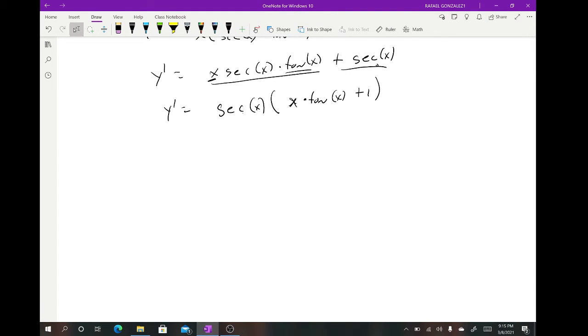Let's do another example. So a little bit more of a challenging one, and this is because we may have multiple forms of expressing a derivative.